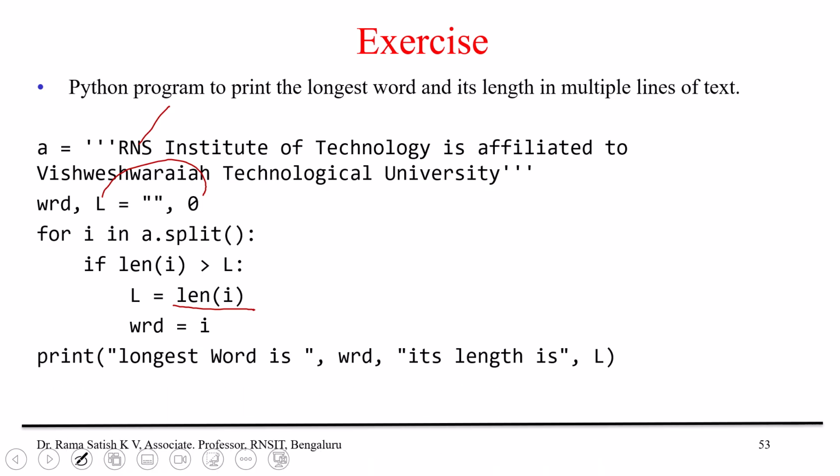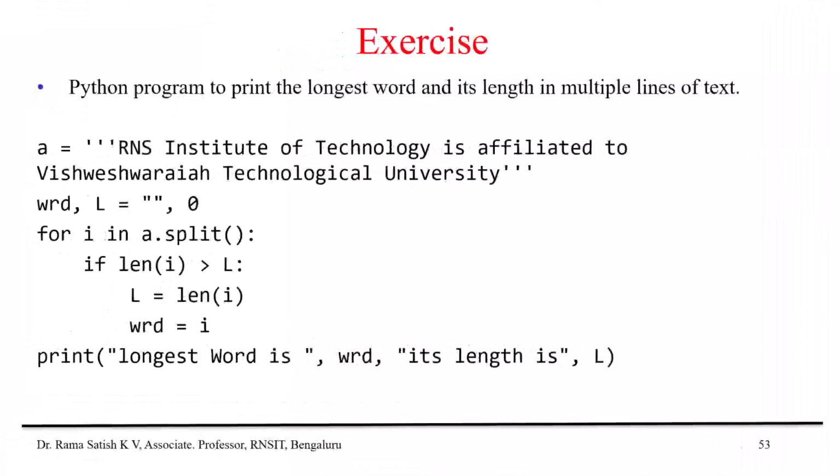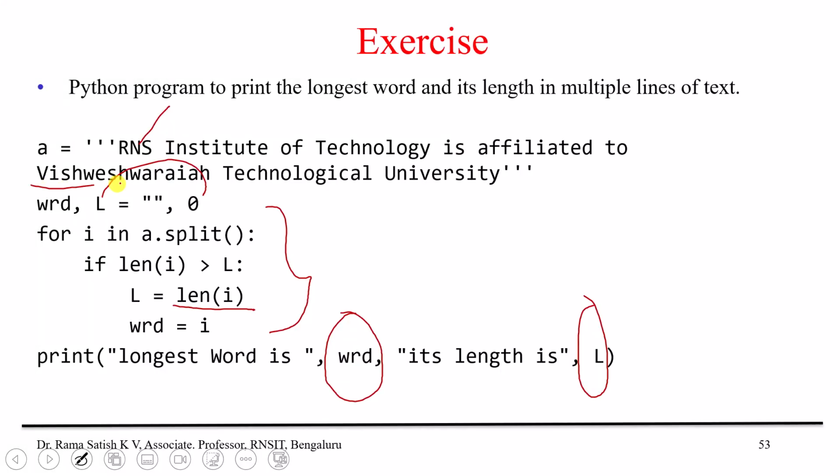Finally, once you complete the entire list of words, you get the longest word and the length of that particular word. In this case, my answer is Vishwesvaraya. Vishwesvaraya is the longest word.